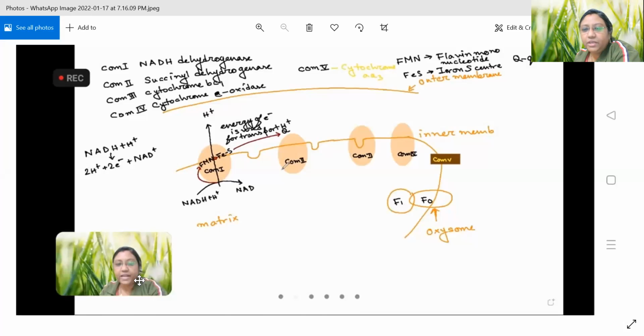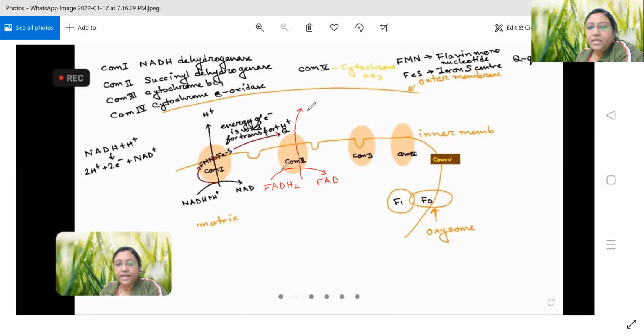So we were talking about FADH2. In this case, the FADH will be coming to complex 2. So for this purpose, FADH2 will be releasing the proton.